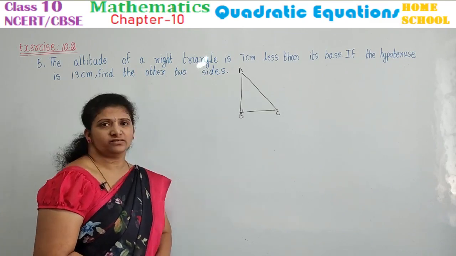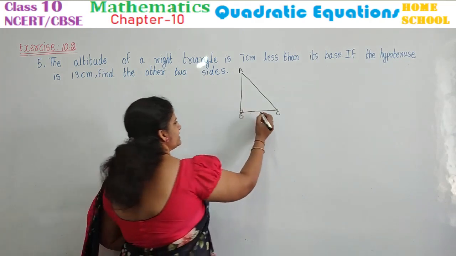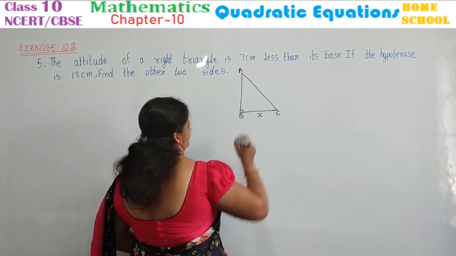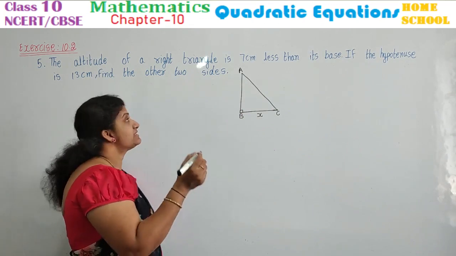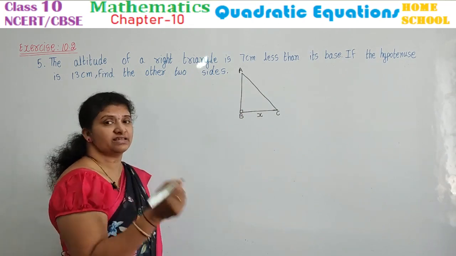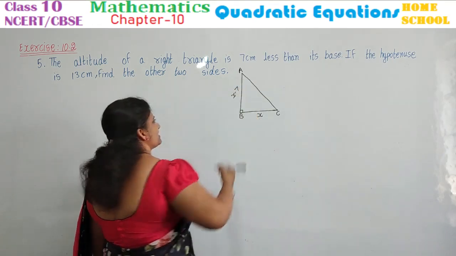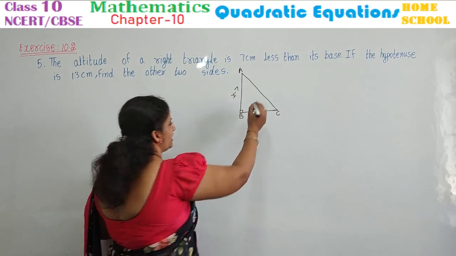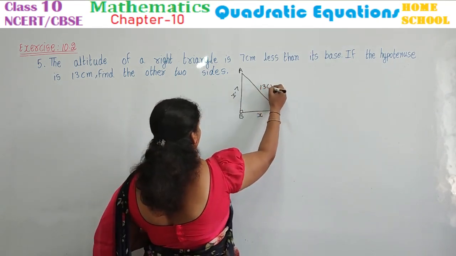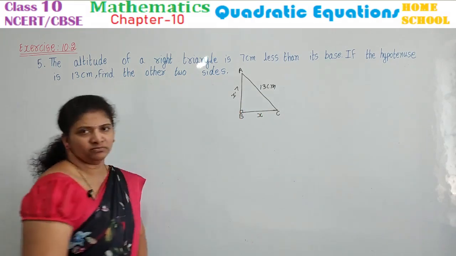What is the base? Do we know the base? We don't know. So, let us assume base x. Altitude is 7 centimeters less than its base means altitude will be x minus 7. If the hypotenuse is 13 centimeters, find the other two sides is your problem.